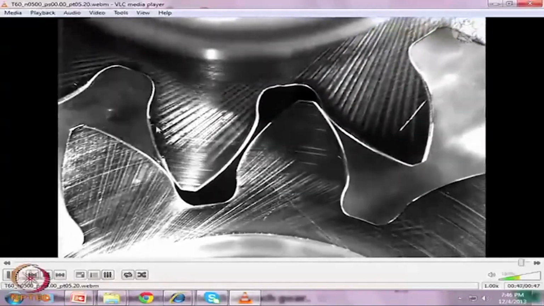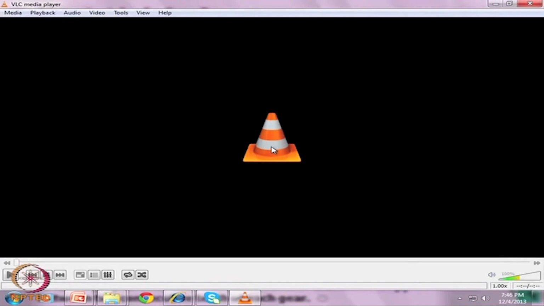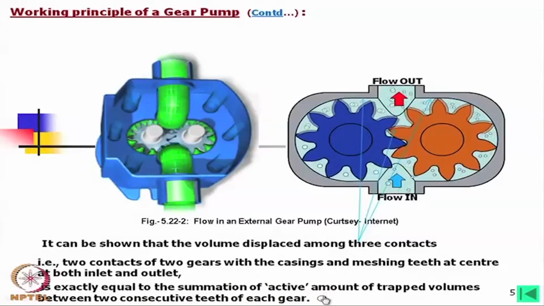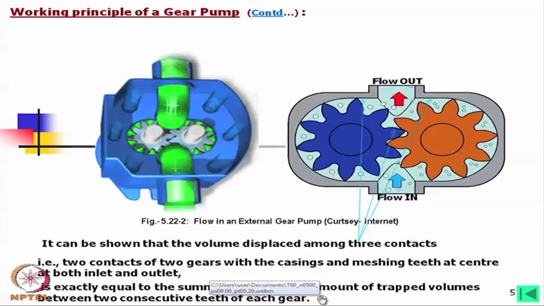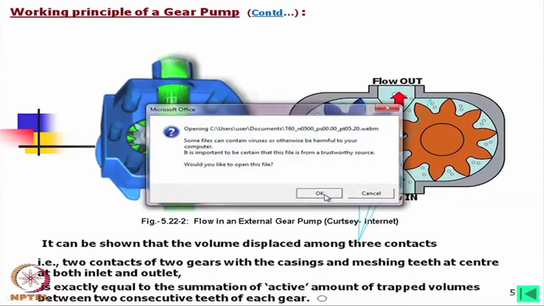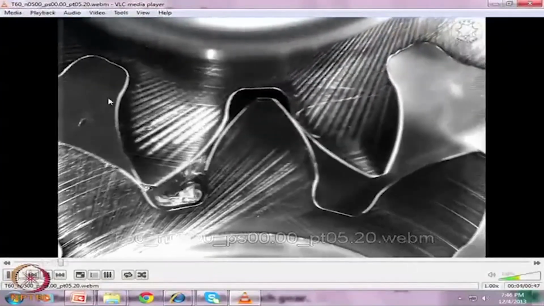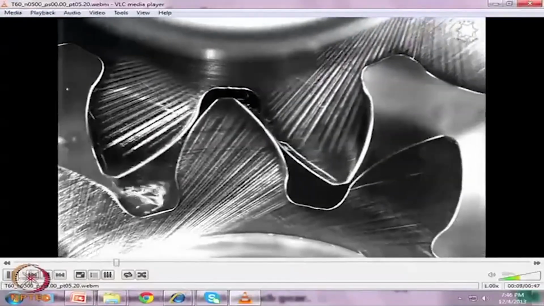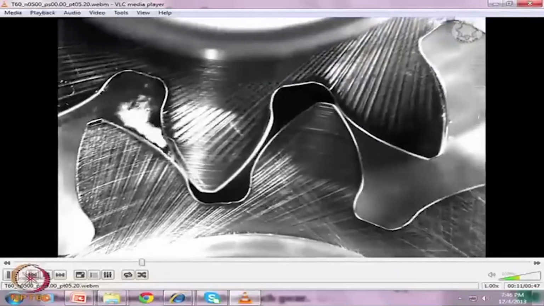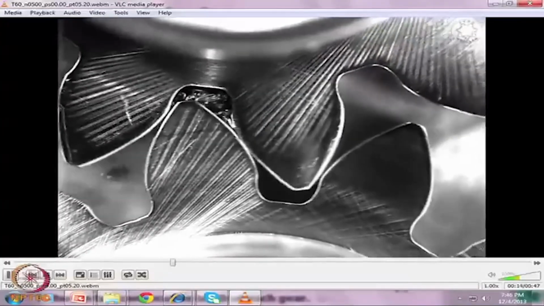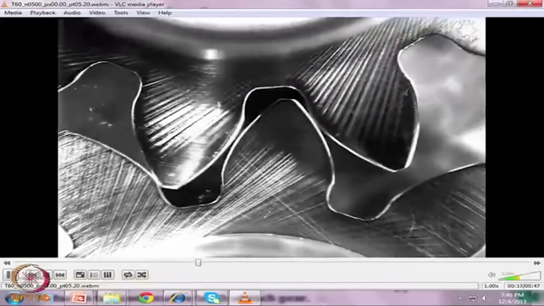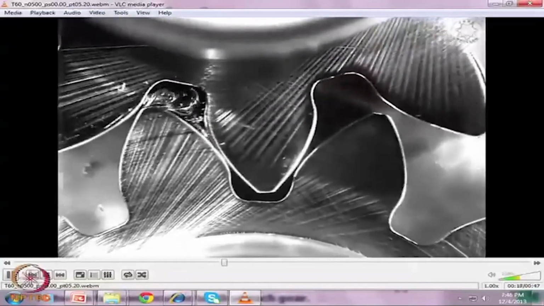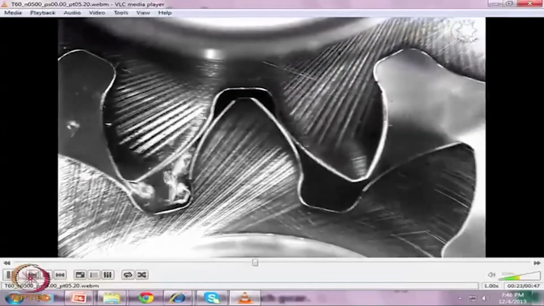Look at this, at that moment what you find is that fluid is suddenly going out. That is a leakage. That leakage is very important, and in designing such a gear pump, controlling such leakage or correctly estimating it for the analysis of the gear pump is very important.